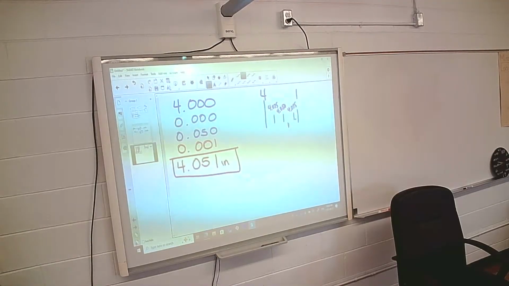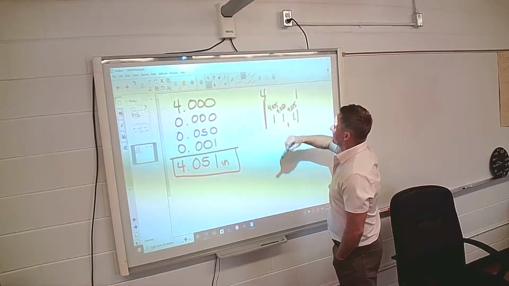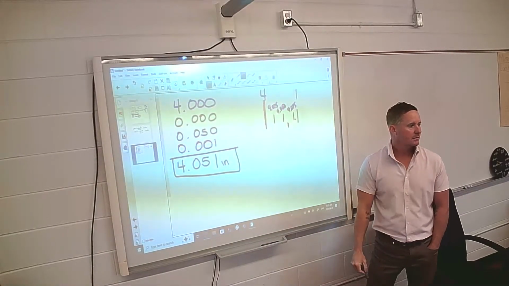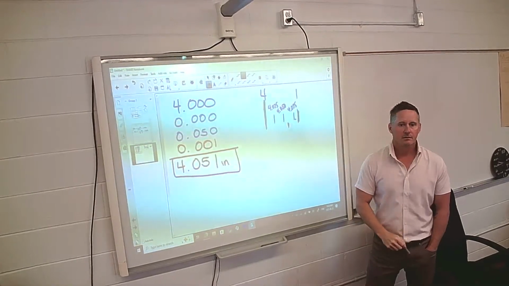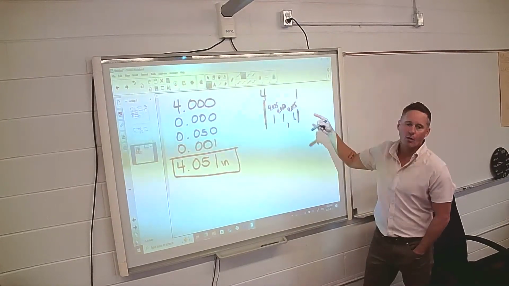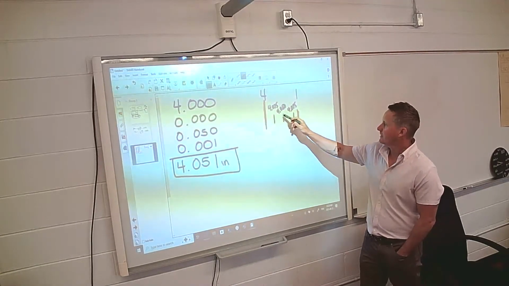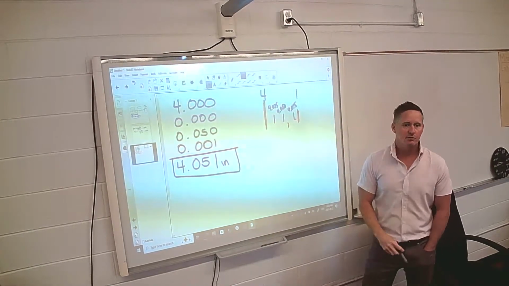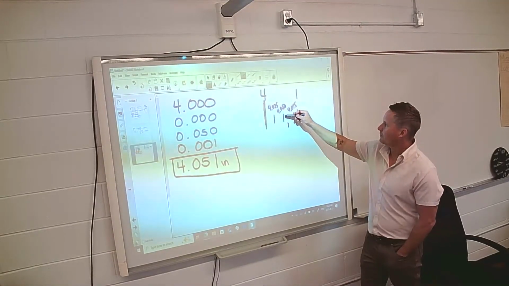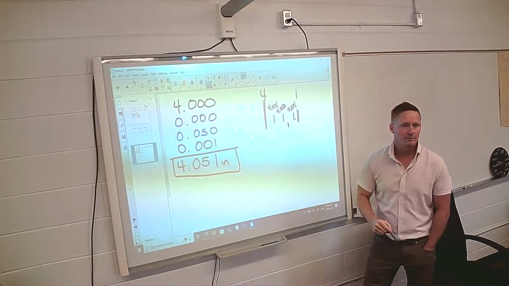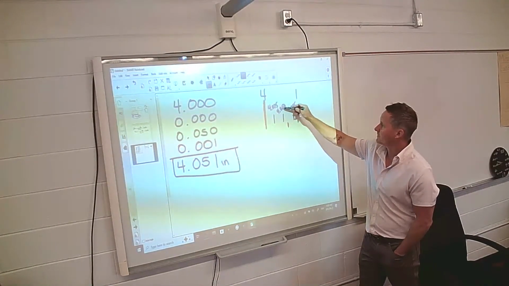Okay, so let's go back to it again. The whole number is that guy right there, the big guy. The 10th position is that guy right there. So if it's anything past there, it would be 4.1 something. All right? Each of these 3 ticks represents 0.025, so 25 1,000ths. 0.025, 0.05, 0.075. So it's greater than 4.05.